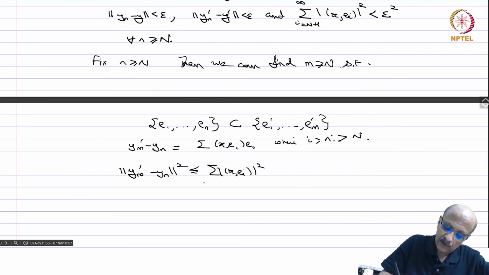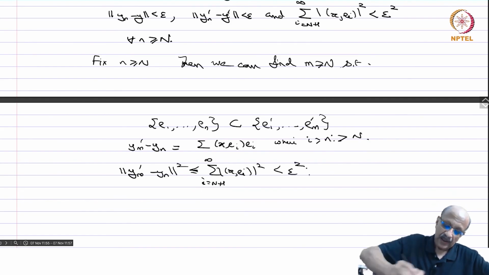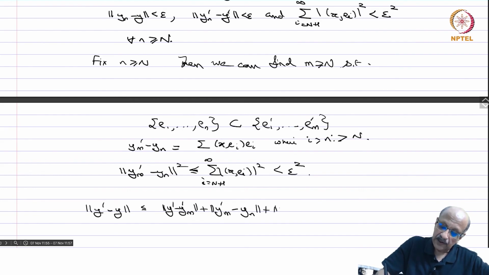This is less than or equal to sigma i equals n plus 1 to infinity, and that is less than epsilon square. Therefore, norm of y dash minus y is less than or equal to norm of y dash minus ym dash plus norm of ym dash minus yn plus norm yn minus y.